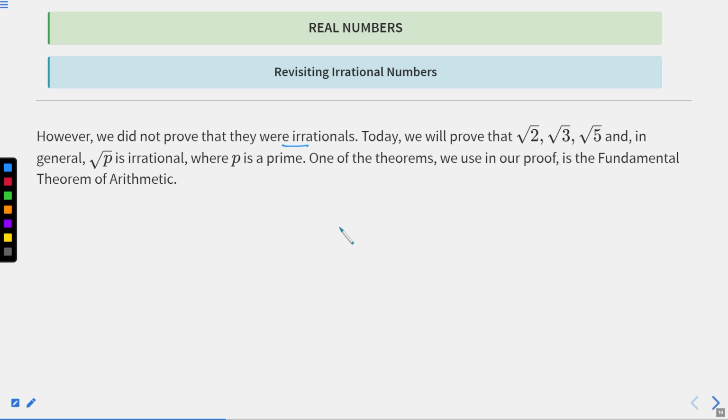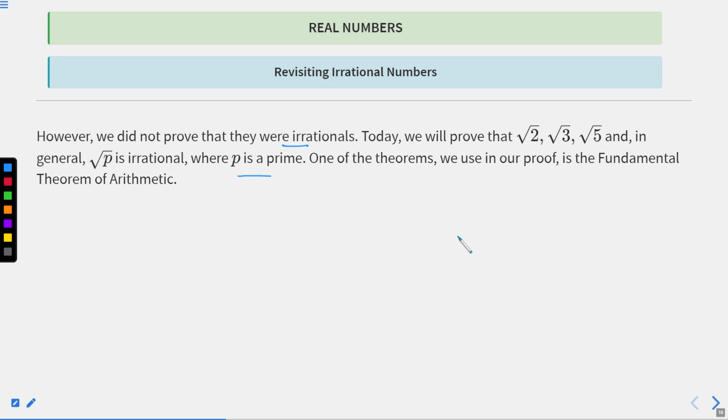So in today's lecture, we'll prove that root 2, root 3, root 5, and so on, in general root p, is an irrational number, where p is a prime number. Before proving this, we will see an important theorem.